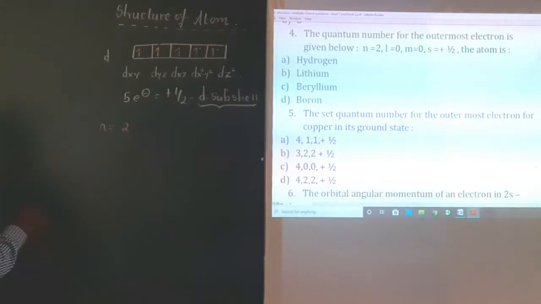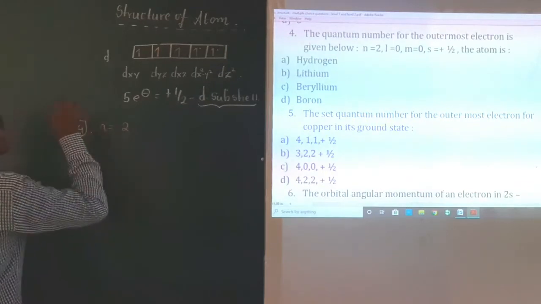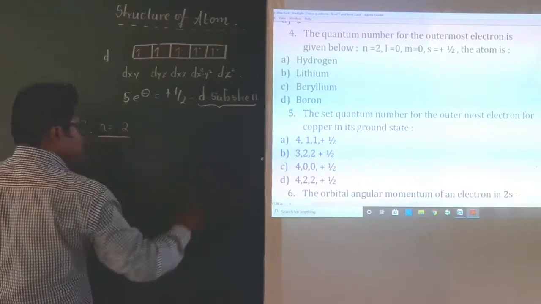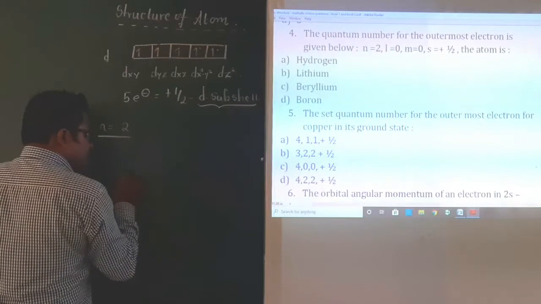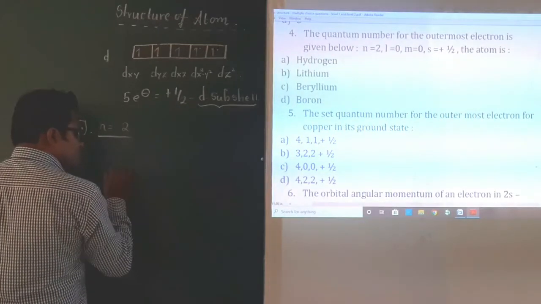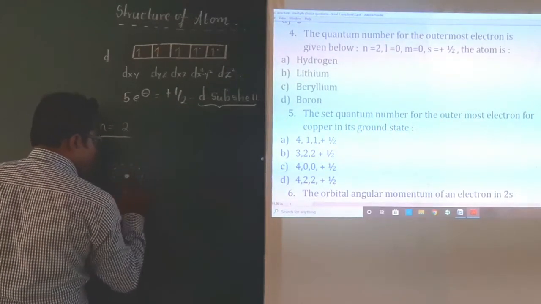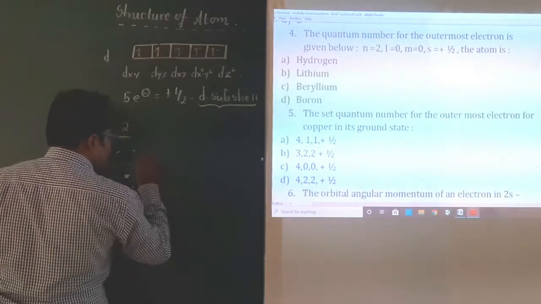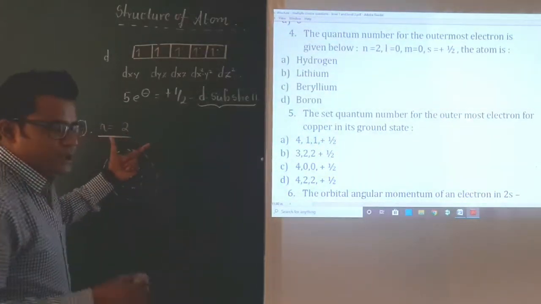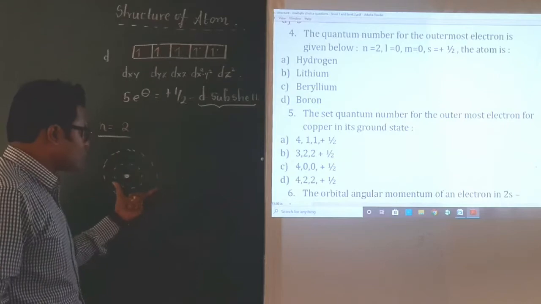That means this atom is going to have 2 shells. Let's say this is shell number 1 and this is shell number 2, so n equal to 1, n equal to 2.